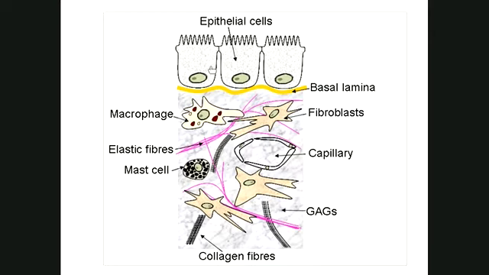But in connective tissue, the cells are scattered, they are not attached together, and they don't have any intercellular junction. In epithelial tissue, we don't have any blood vessel. But most connective tissues are vascular. And this is a capillary or a blood vessel we can see in this picture. So these are the differences between epithelial tissue and connective tissue.